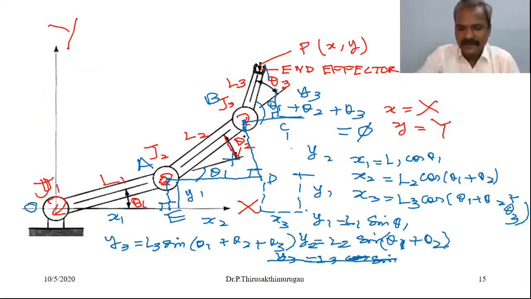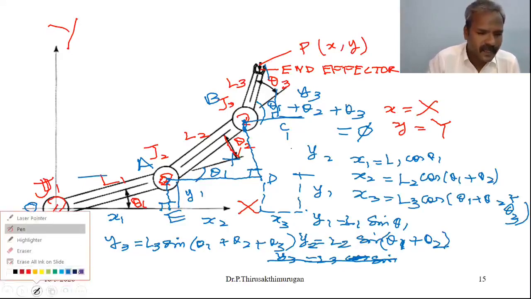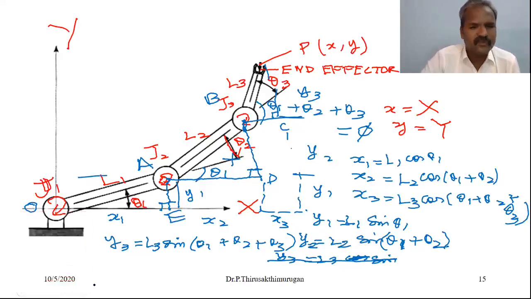So for reverse kinematic solution, I consider only up to these two links, link 1 and link 2. I consider up to this point.